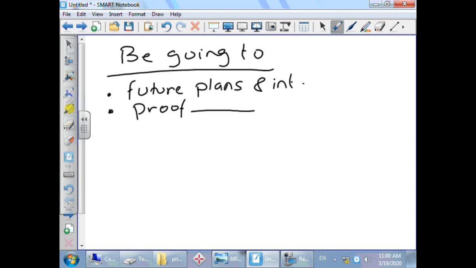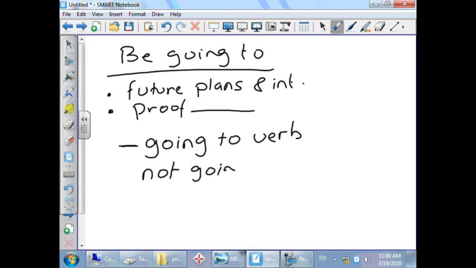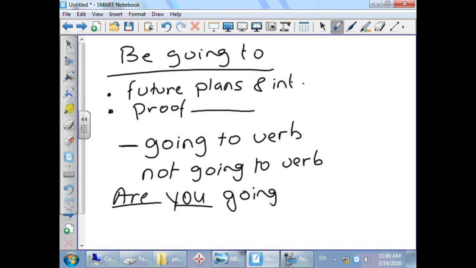Okay, how do we use it? What is it? It's the form, excellent. Going to, and then the verb. That's it. So we use the pronoun, then going to, and the verb. And in the negative, we just add not. So I am not going to, and then the verb. We don't add ing. And in the question, for example, we use the verb to be, for example, are, then the pronoun, going to, and then the verb, and of course the question mark.